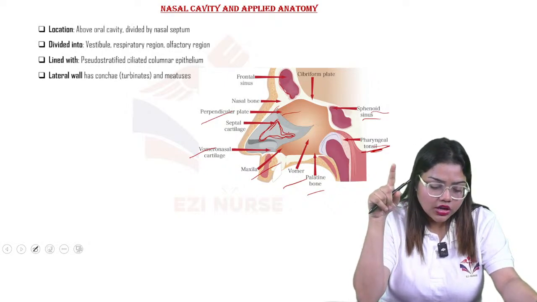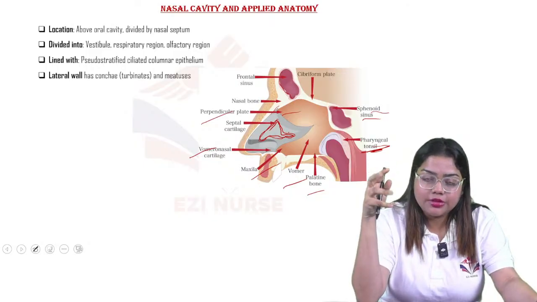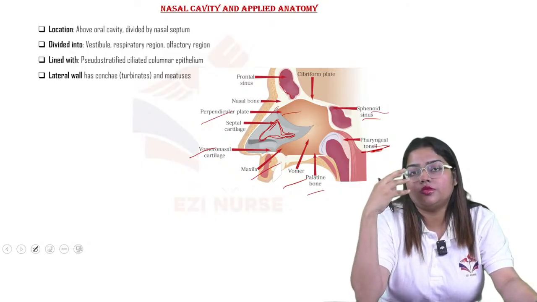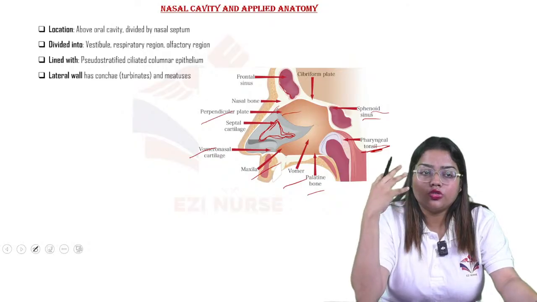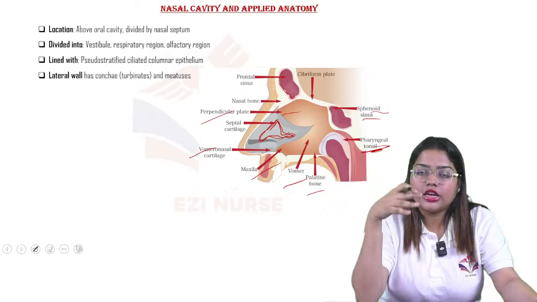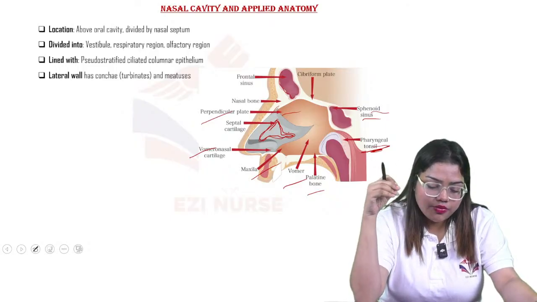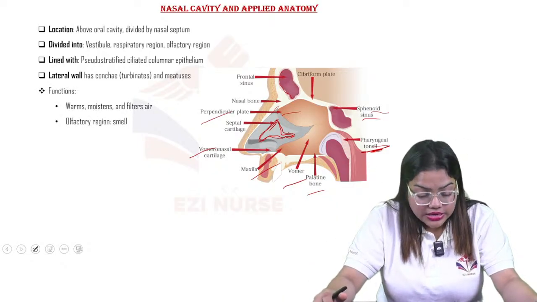It is lined with pseudostratified ciliated columnar epithelium, which secretes mucus and helps to trap particles so that they do not go inside our body. The lateral wall has conchae, the turbinates, and meatuses. What is the function of the nasal cavity?